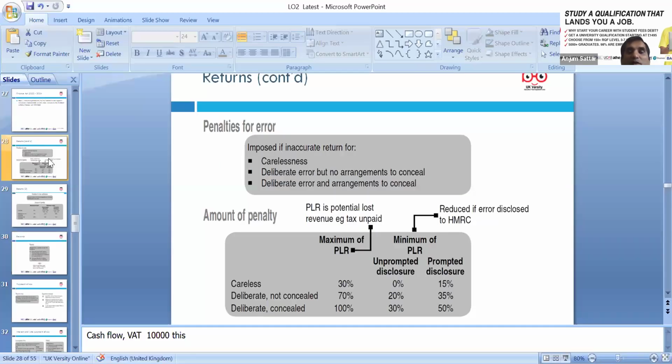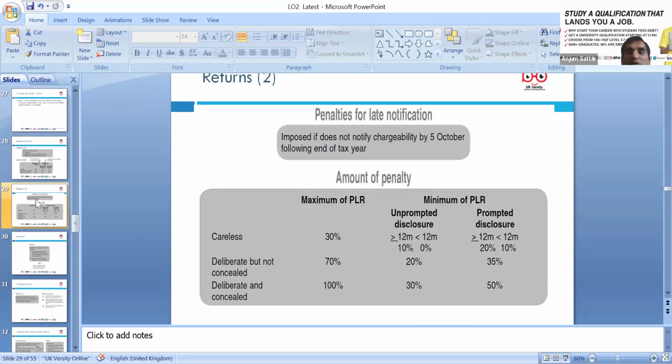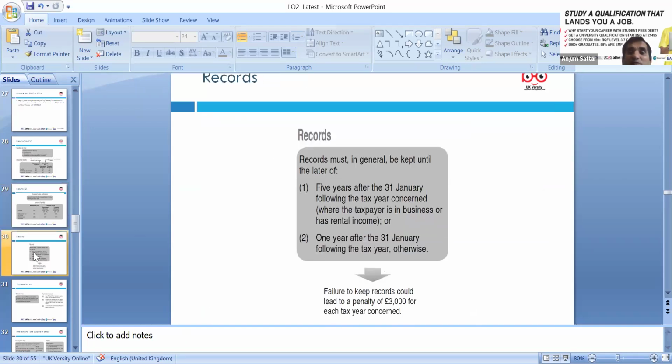If we have errors of carelessness, as we mentioned, a penalty can be charged by HMRC. We can look at the amount of the penalties, 30%, and unprompted disclosures. Prompted disclosures are less, and the penalty can be huge for a big company when they do it deliberately. The records must be kept accordingly.